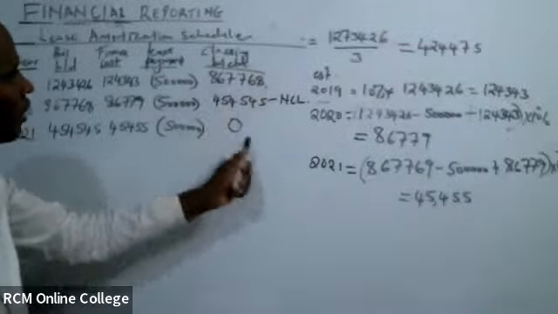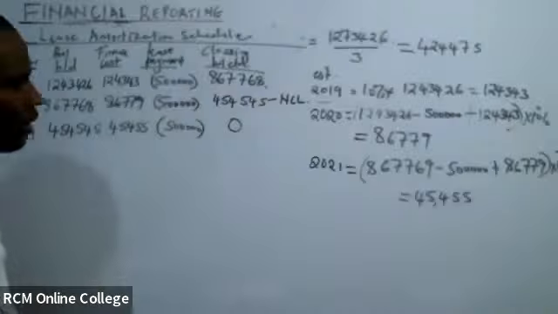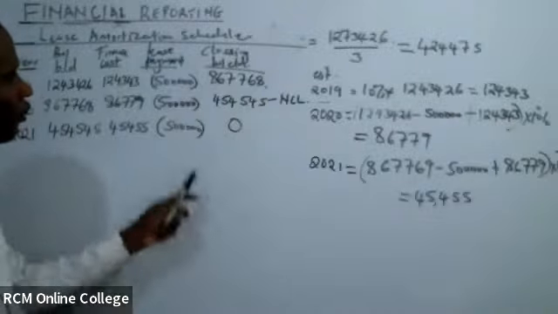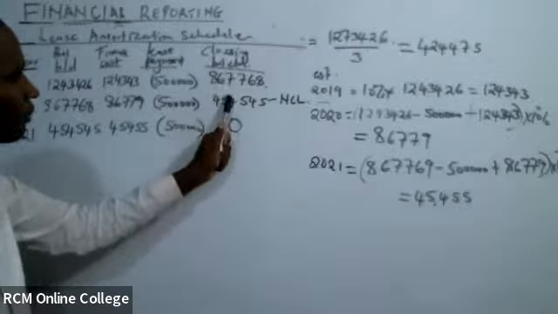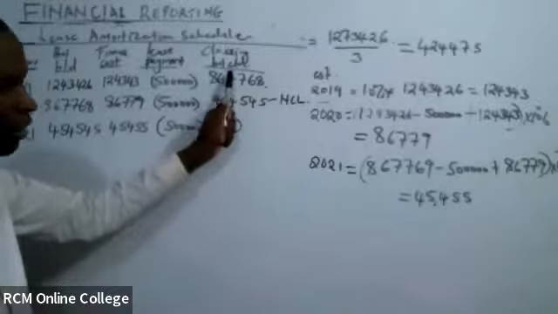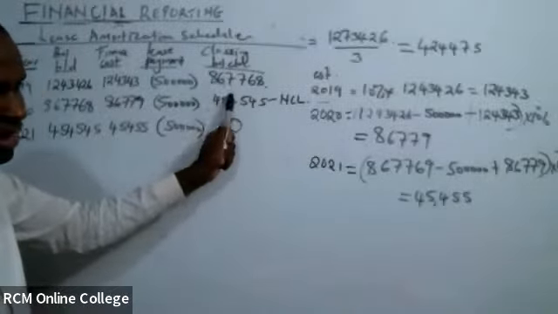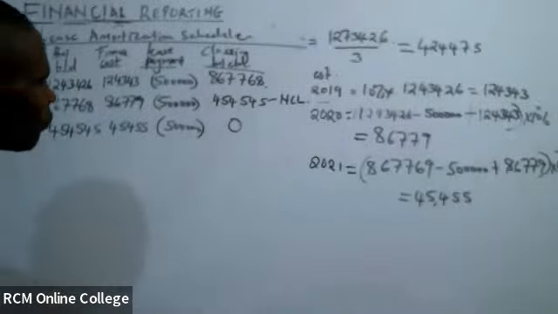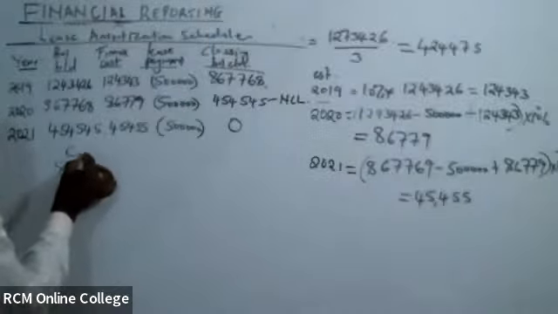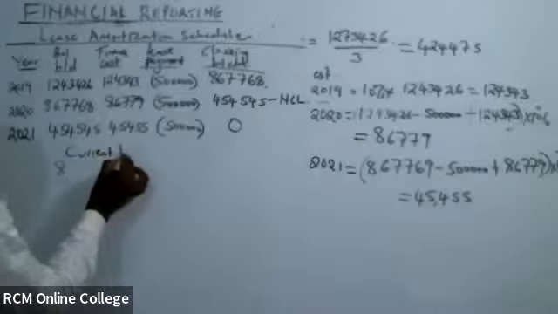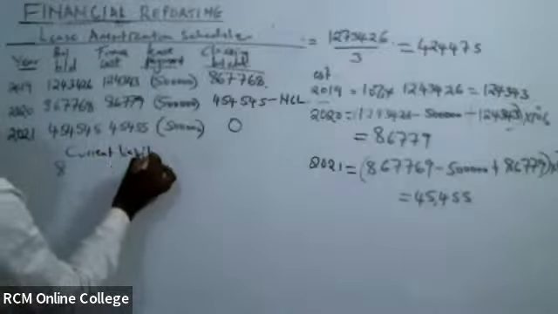Inakuwa different. So these closing balances zitatusaidia current liability and non-current liability. So I'd like you to note the difference between hapa, itanipatia current liability.